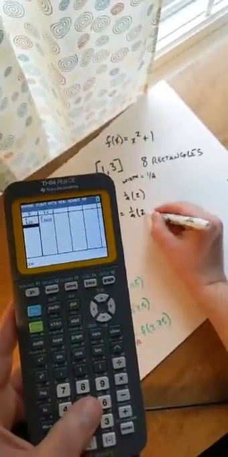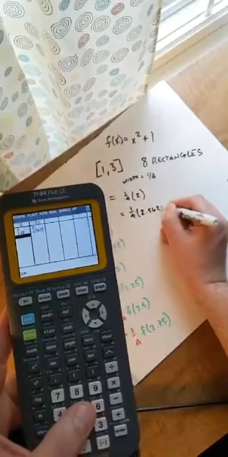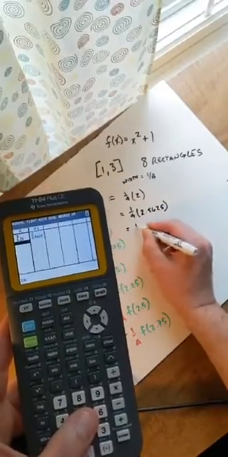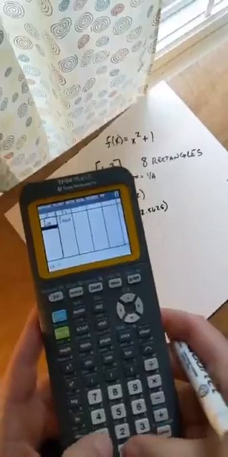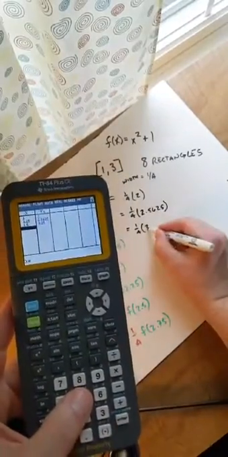All right, so 2.5625. And then we got 1/4 of 1.5, 3.25.